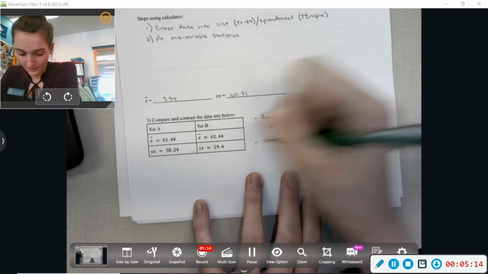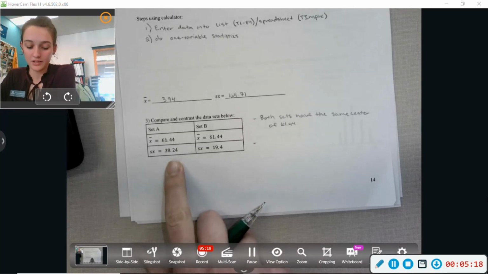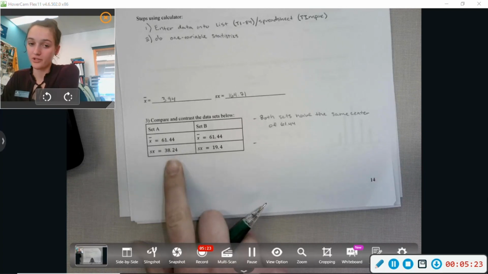Okay, and then we can also see that set A is going to be less clustered around the mean and more spread out because it has a larger standard deviation.